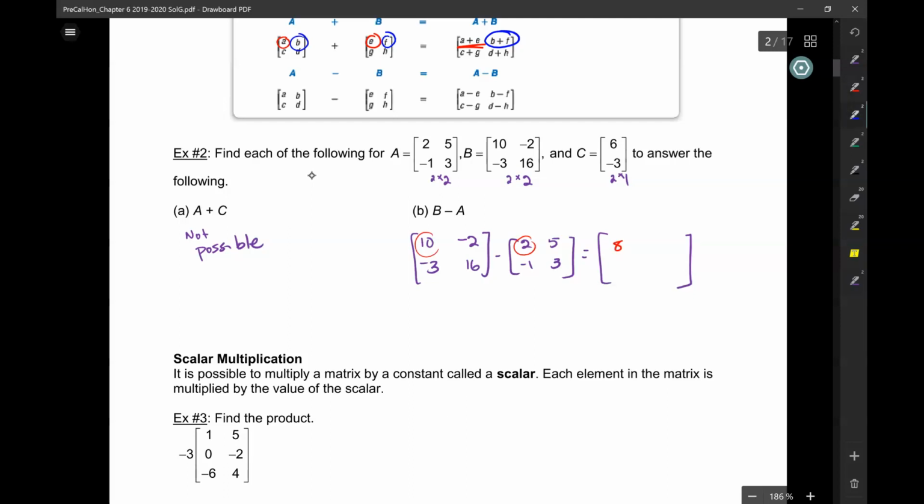I love matrices. Like, you have no idea. Oh my God, I love matrices. Okay. Negative 2 minus 5, negative 7. It's so much fun. Negative 3 plus 1. And then 16 minus 3, 13. Yeah, so 2 by 2, 2 by 2, and then the result is also a 2 by 2.